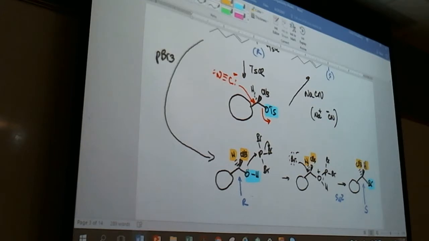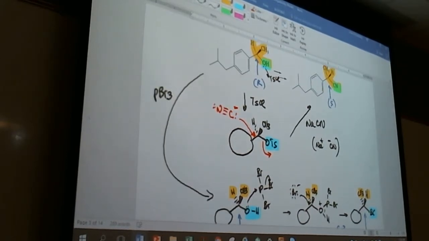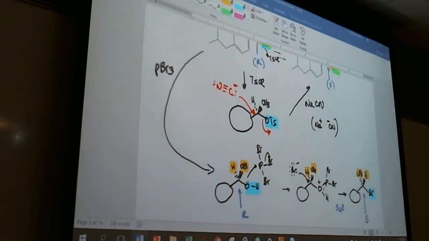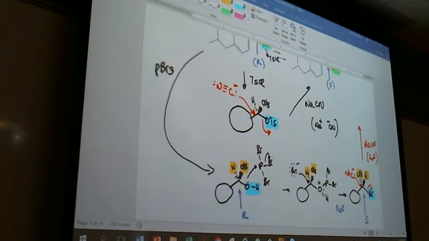So that's one inversion, where I now have a good leaving group here. I've gone from the R to the S. If now I put sodium cyanide on that, that's going to be a second inversion, because that cyanide ion is now going to come from the back and cause a second inversion.